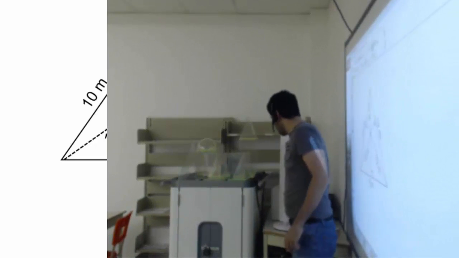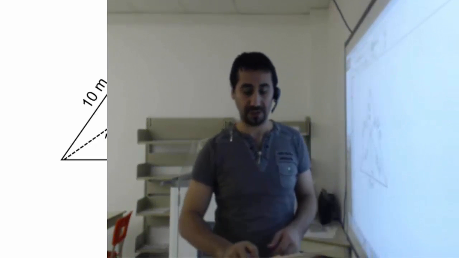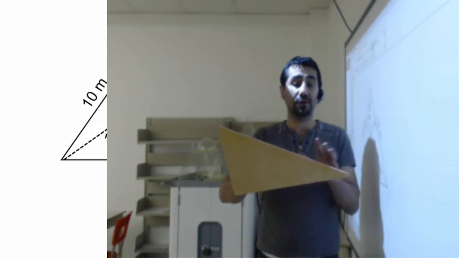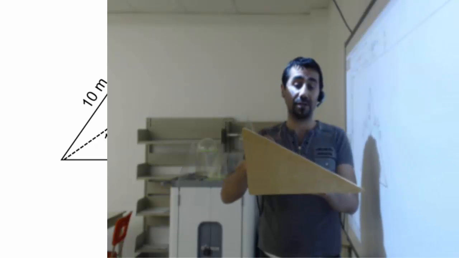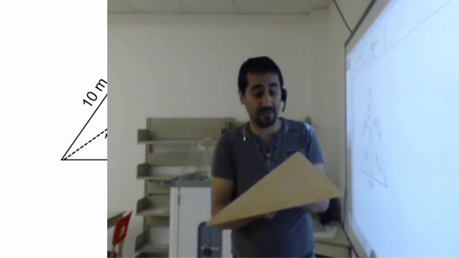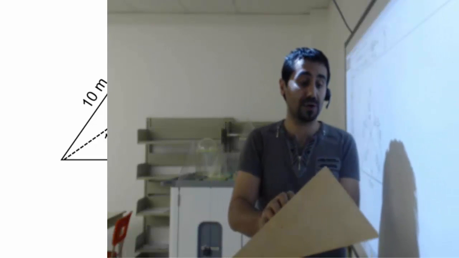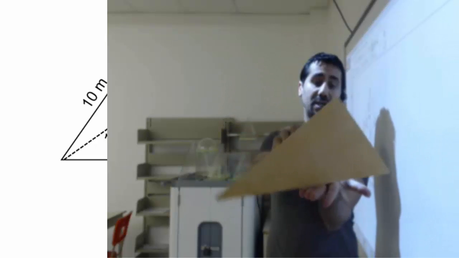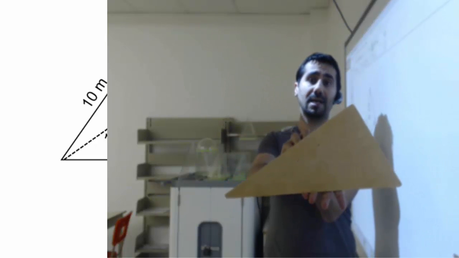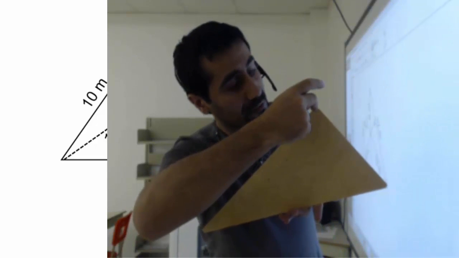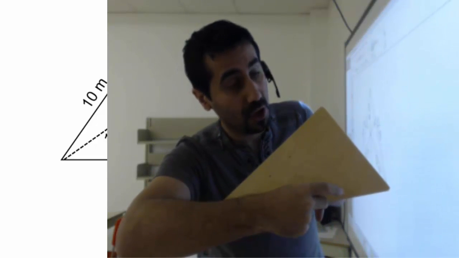First of all, I have a triangle here, and I would like to show you that if you are looking at the question on the page, you can turn the page in any way you like. What's important is that if you place the triangle on the table like that, the height becomes the one from here to there.